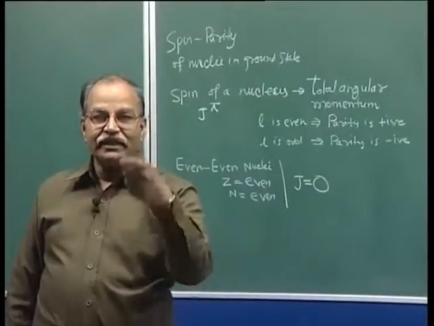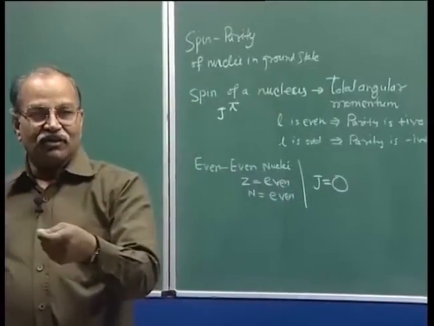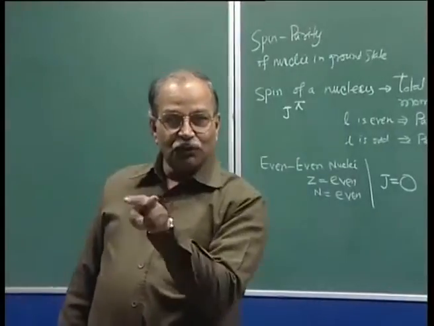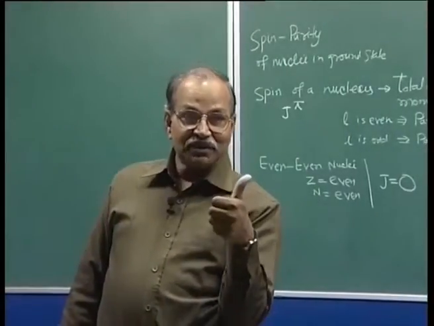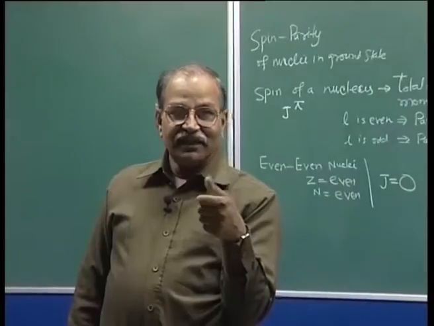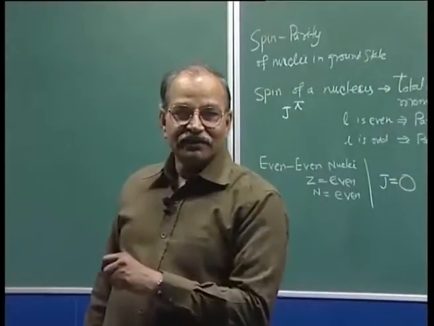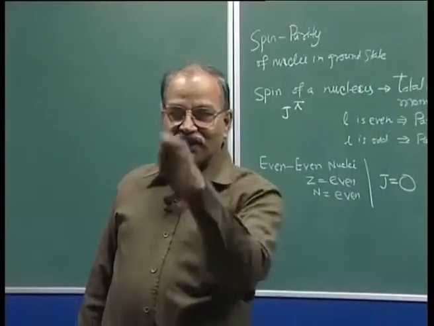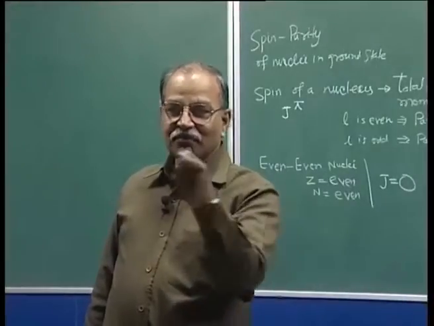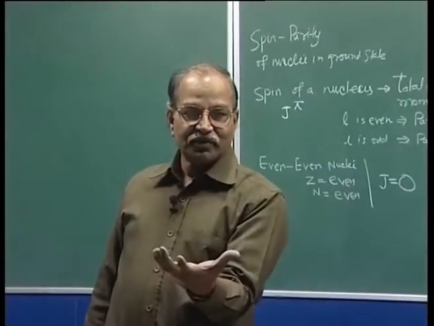and since there are two of them, whether it is L equal to even or L equal to odd, for each of the two, the parity will become positive. If they are in, say, d 5 by 2 state, so d for this neutron, d for this neutron, so plus parity, combined parity is also plus.